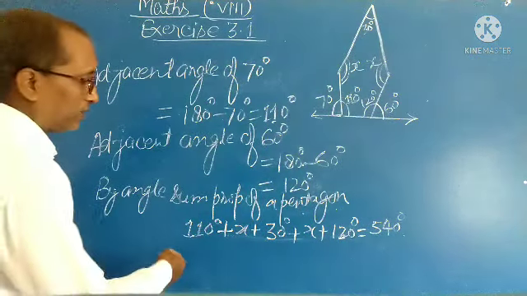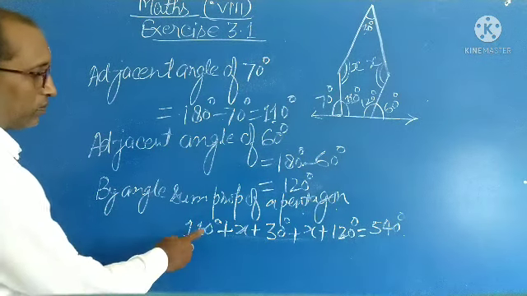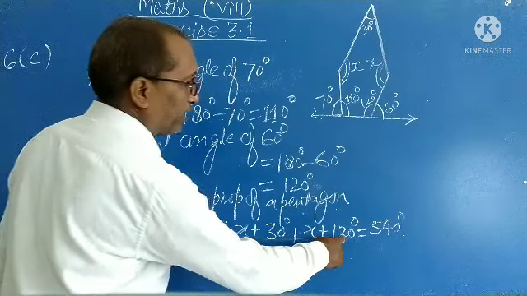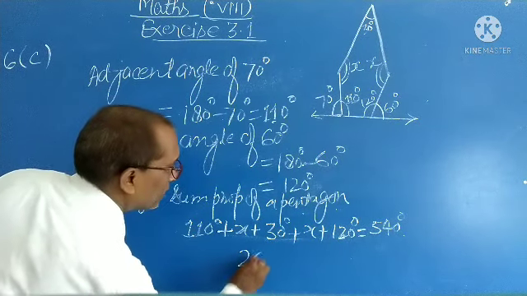Then you add numerical values: 110 plus 30, 140, and 120, 260.